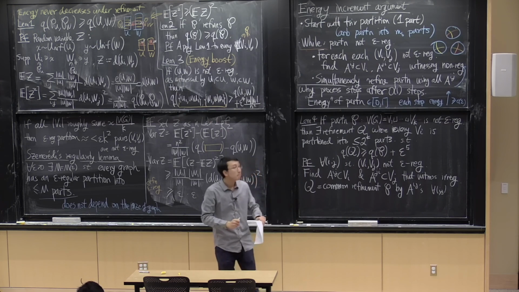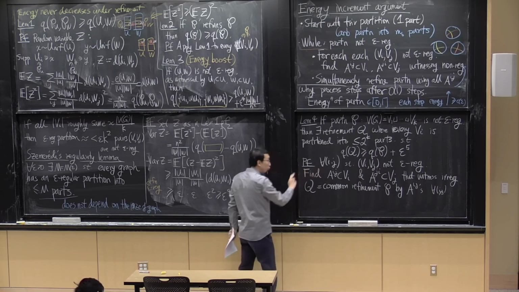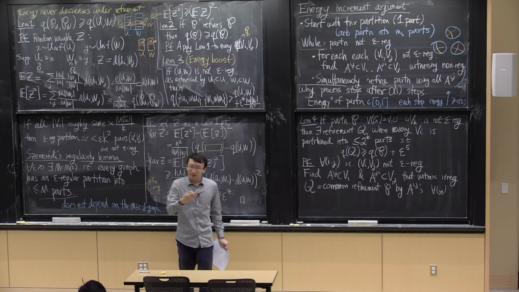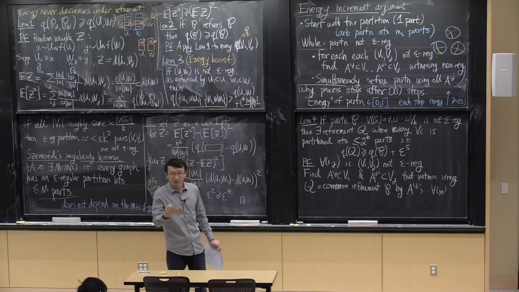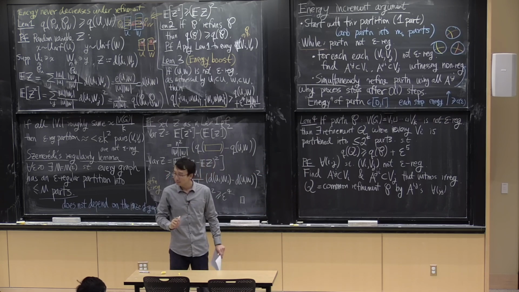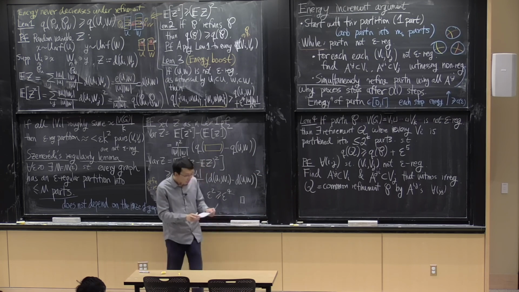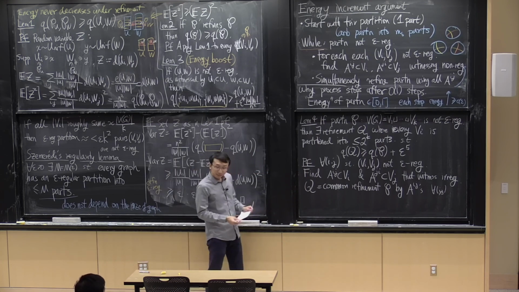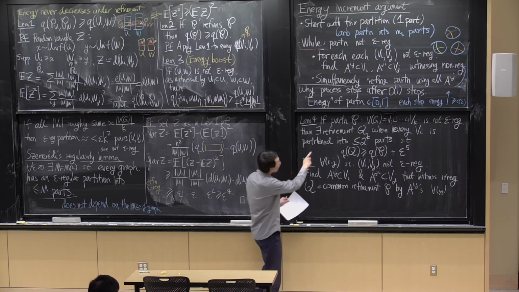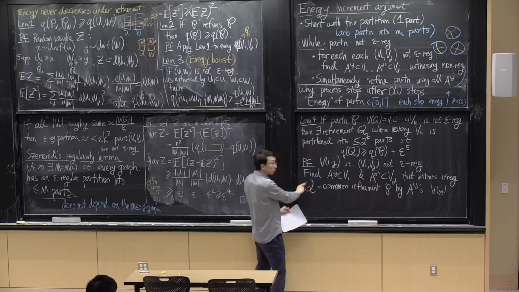Remember, you only have witnessing pairs for pairs that are not epsilon regular. If they're epsilon regular, you don't worry about them.